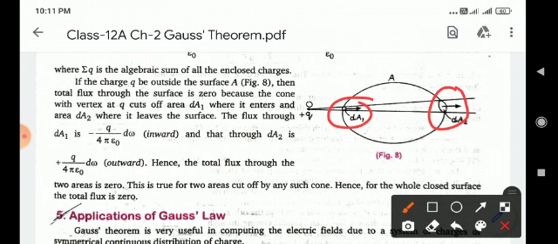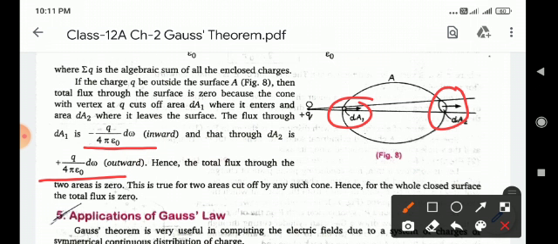If the charge q is outside the surface A, then the total flux through the surface is 0, because the cone with vertex at q cuts off area dA1 where it enters and area dA2 where it leaves the surface. The flux through dA1 is minus q upon 4 pi epsilon naught d omega, inward, and that of dA2 is outward. Inward and outward.